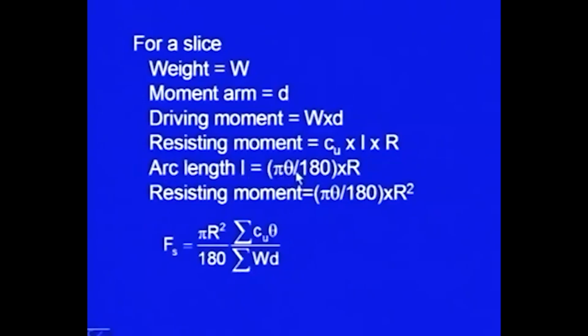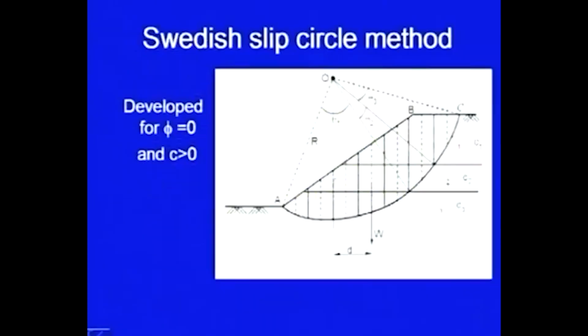in terms of angle theta. So, here in this case, from here to here there was only one kind of soil, here to here there was another kind of soil, here to here it was third kind of soil.